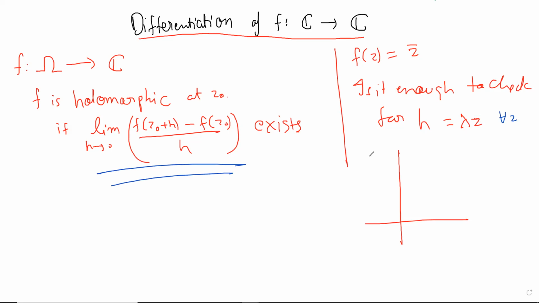If you change the z and still the limit exists, this happens for all z, does it imply holomorphicity? No, I do not think that will imply holomorphicity. That will still not imply.